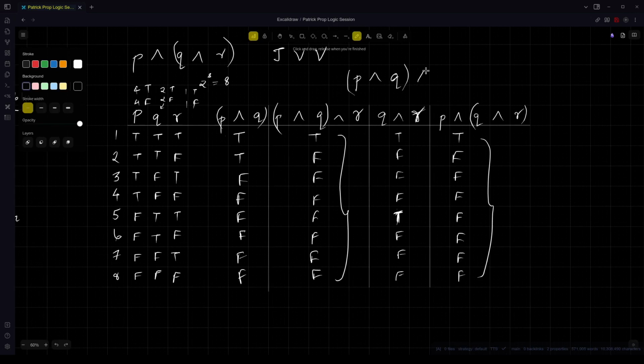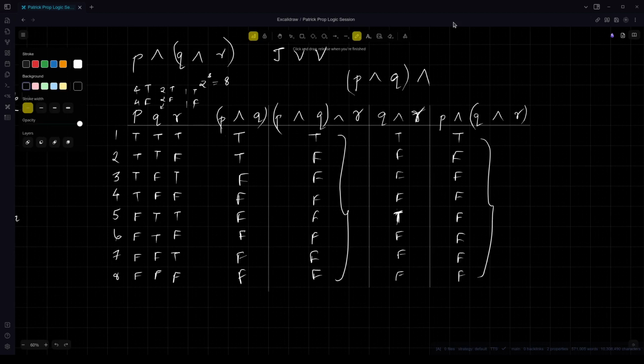Is that the same as a biconditional or not? Because they have the same truth value. It is the same as a biconditional. But technically speaking, it's basically the same as a biconditional for all intents and purposes.